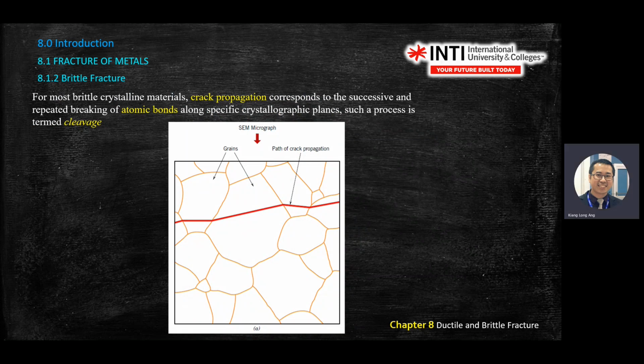Okay, so this is how you explain the crack propagation. You see the orange line here is the grain boundaries. When you pull the object in tensile loading, pulling at both ends, the crack will be in the perpendicular direction.